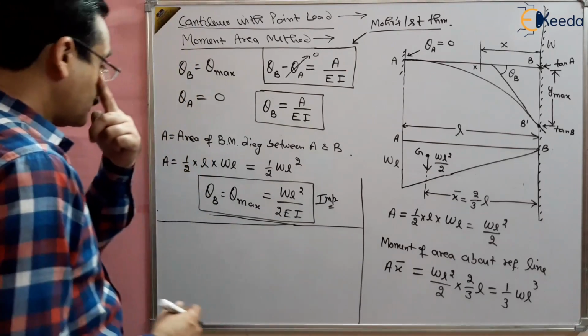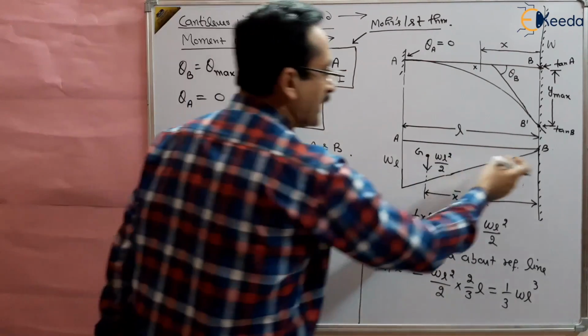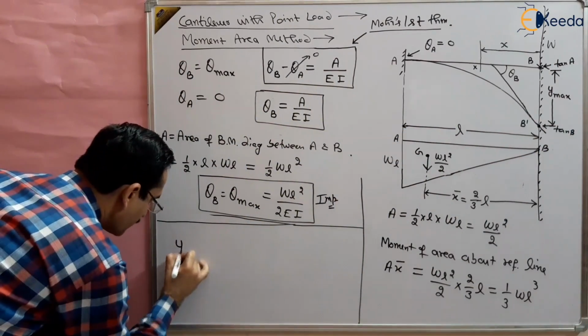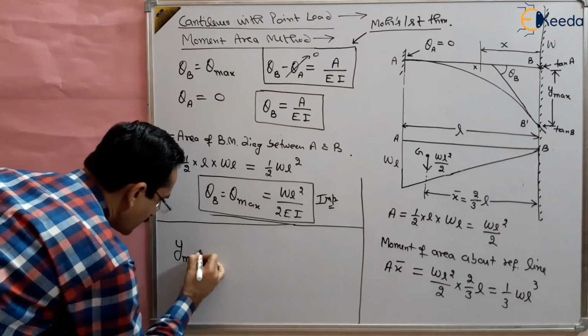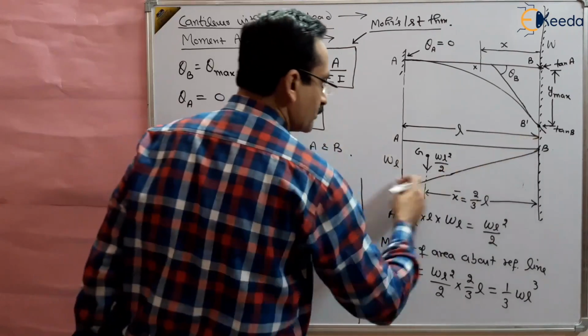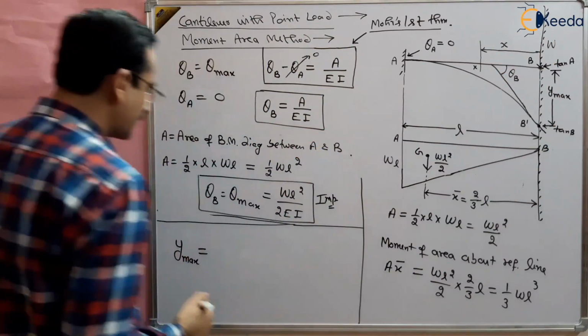So now what do we have to find out? The YB, the distance, this Y max. So what will Y max be? It is the moment of this area about the line BB dash, the reference line BB dash, right?